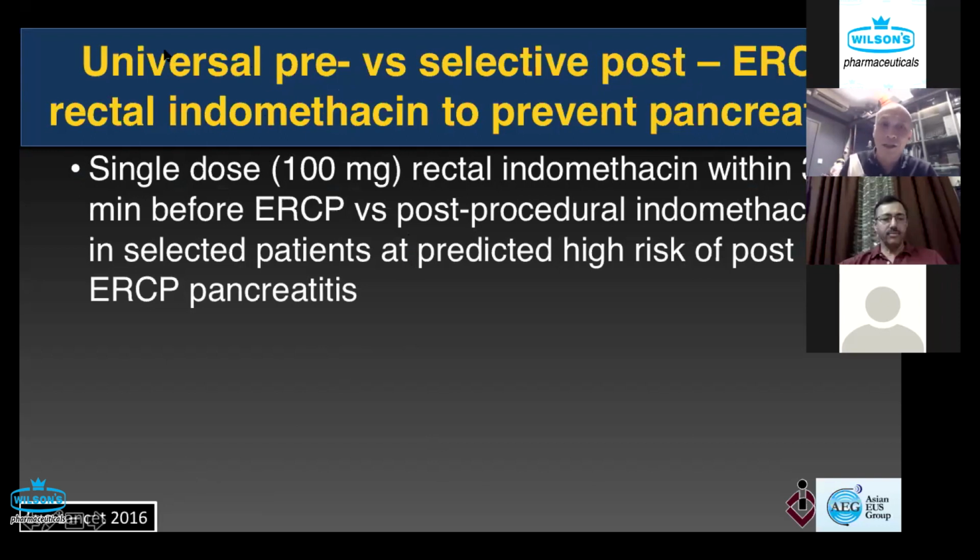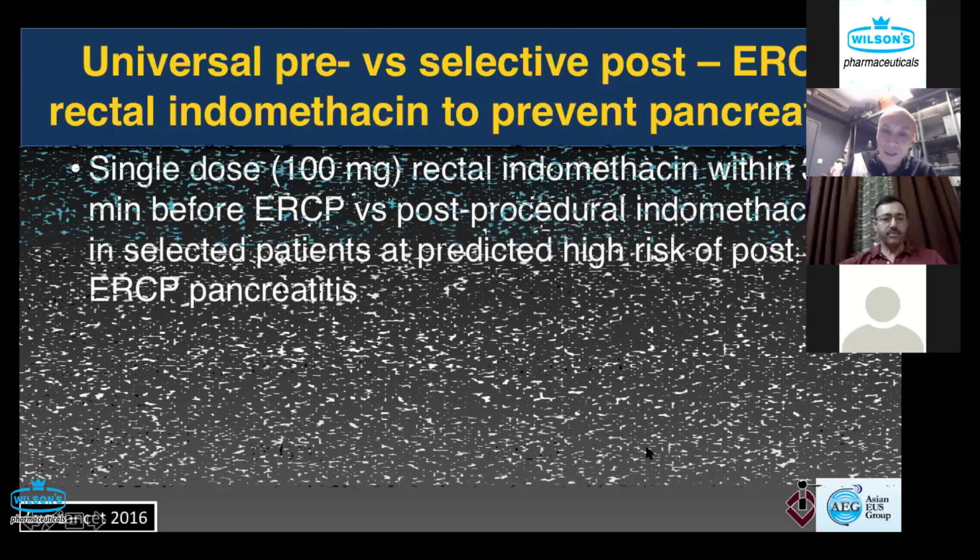The idea is, if we can give all patients pre-ERCP rectal indomethacin, does this actually help versus just being selective, giving rectal indomethacin only to those patients at high risk of post-ERCP pancreatitis? So a single dose of rectal indomethacin 30 minutes before ERCP versus post-procedure indomethacin in selected high-risk patients, as I mentioned just now.